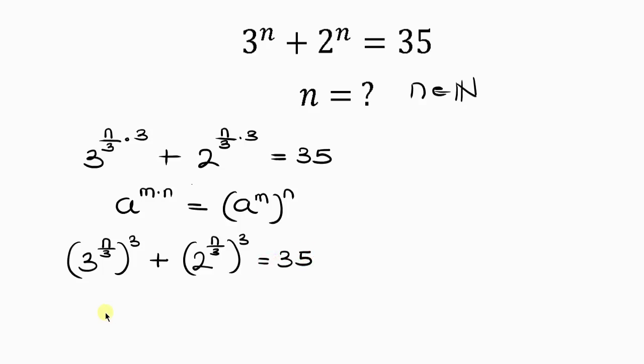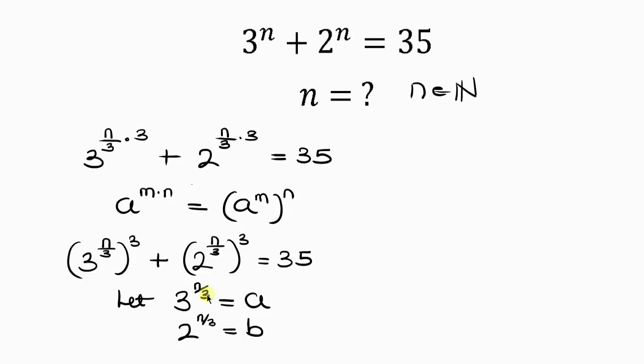Very good. Now our next step will be for us to apply substitution by saying let what is inside of this bracket, which is 3 to the n over 3, be equal to a, and what is inside of this bracket, 2 to the n over 3, be equal to b.